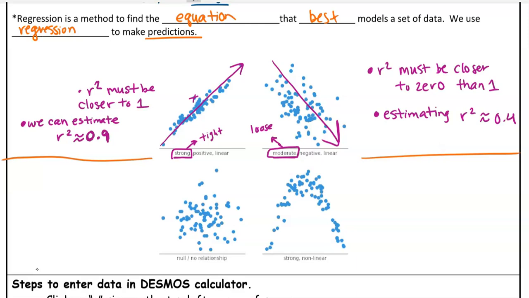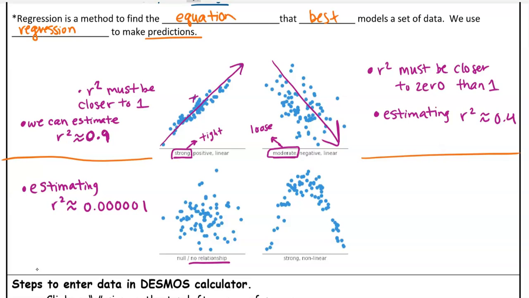So we can say that these dots have no relationship to each other. And we can estimate this to be something like 0.000001. Very, very close to 0. Very far away from 1.